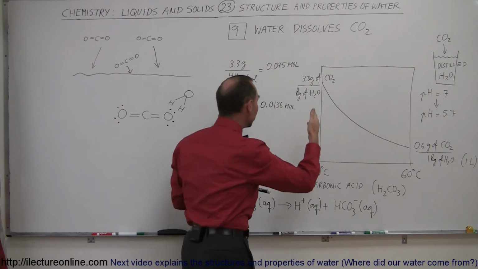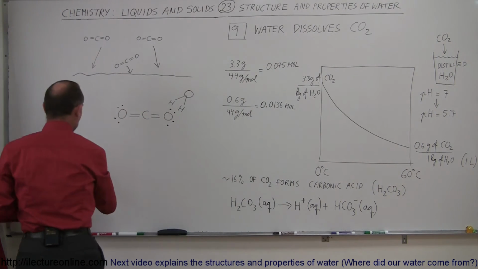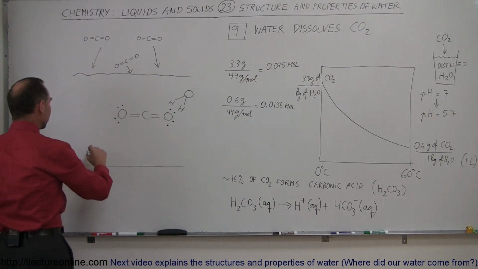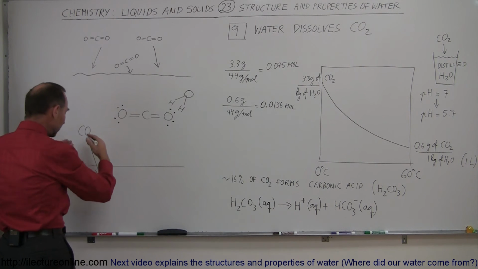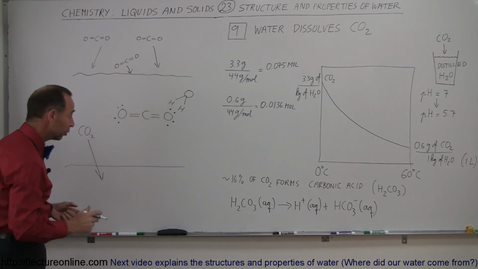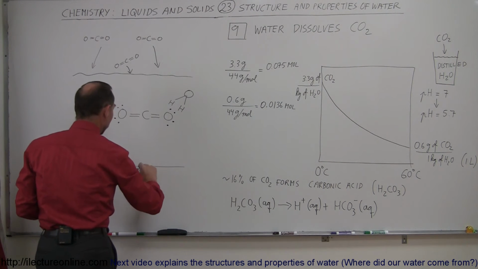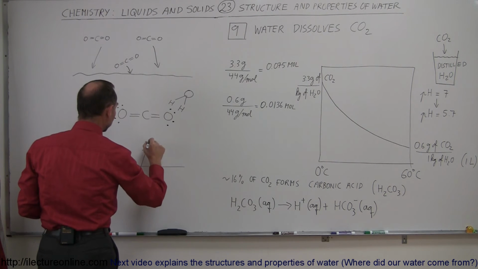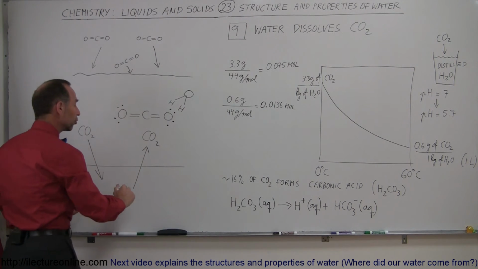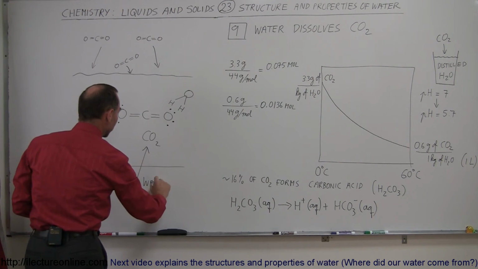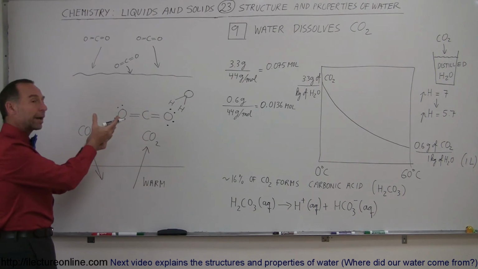So if you think about the ocean right here, that causes more carbon dioxide to be dissolved by the water when it's cold, when the water temperature goes down, and that means that more carbon dioxide will be released by the oceans when the oceans are warm. So when the oceans are warm, a lot more carbon dioxide is returned back to the atmosphere.